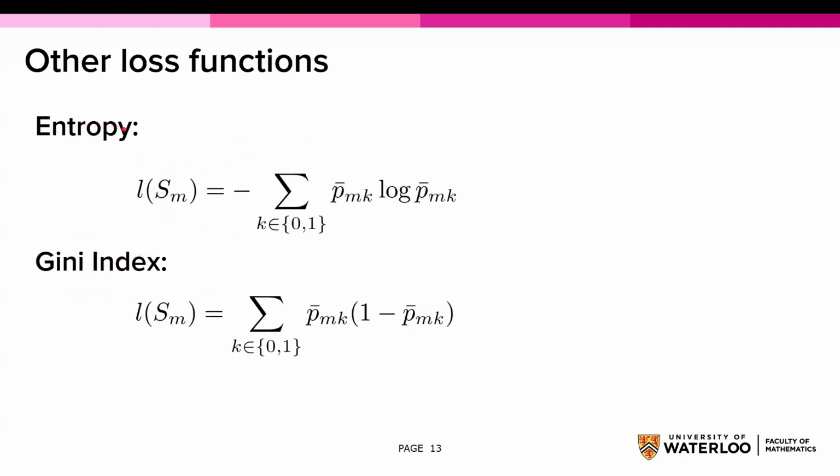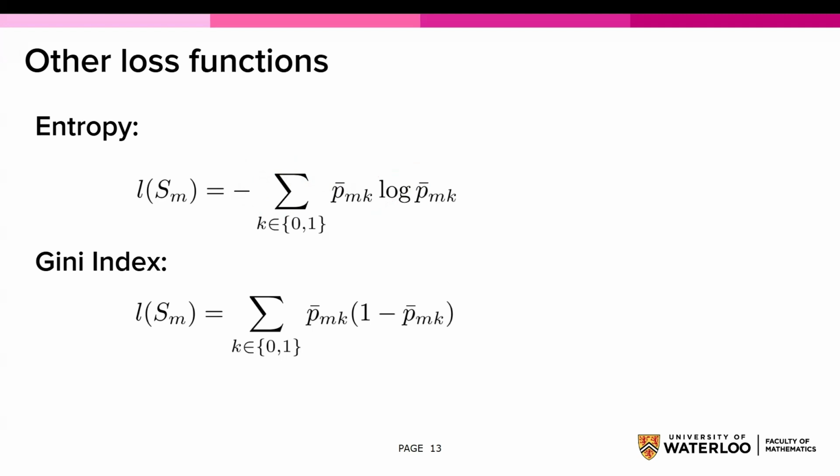Entropy is defined as the sum over the K classes of the empirical fraction times the log of the empirical fraction, and then we report the negative of that amount. This measures the amount of uncertainty or disorder within a region, and it is going to be highest when the classes are evenly mixed, which means the split hasn't done a good job of separating the classes.